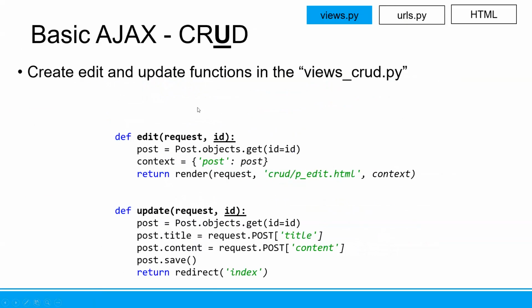Now we want to do more. We know that CRUD stands for C, which is create, R, which is read, and U, update. In this edit and update part, I would like to have two functions, edit and update.